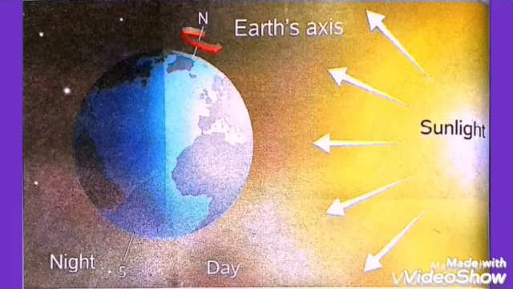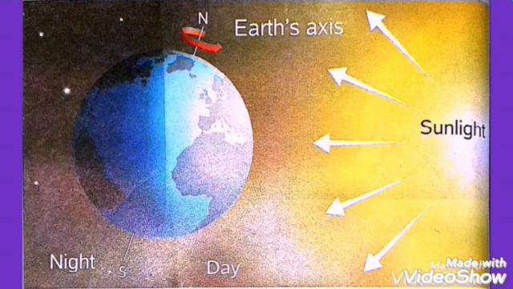Children, this rotation of the earth causes day and night. We feel day and night because of the rotation of the earth. As the earth rotates, one part of it faces the sun, while the other part is away from the sun and remains dark.